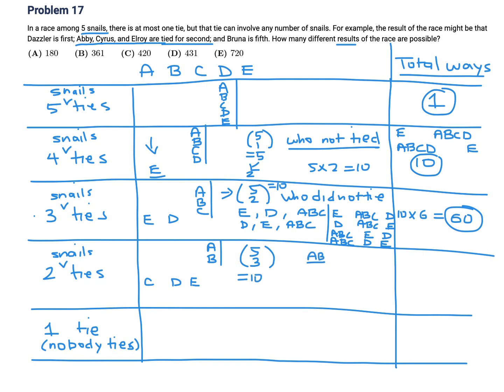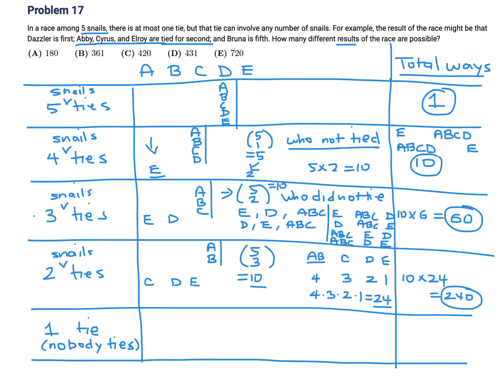You have A, B together, and you have C, D, and E. And I believe the permutations would be 4 possible places for the A, B, then 3, then 2, then 1. And you have to multiply them all. So 4 times 3 times 2 times 1, and that's 24. So you take this 10 and you multiply by 24, and that gives you 240.